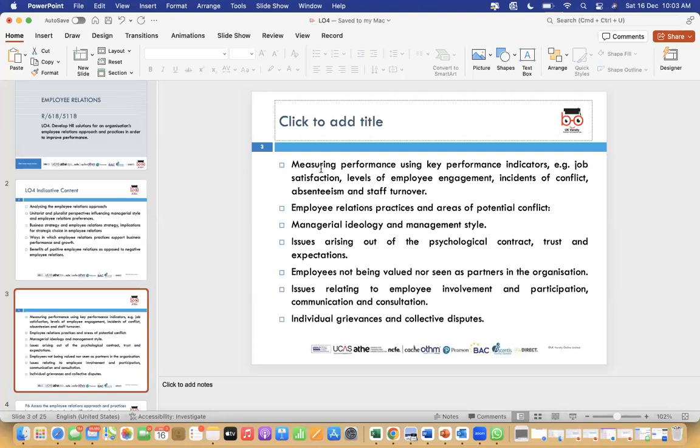This again says how you measure key performance indicators. You look at practices and areas of potential conflict. Every manager has a different ideology and management style. We spoke about that. Issues that arise out of the psychological contract, basically trust and expectation. So I think once you start working with someone for, say, 3-4 years, your manager has a different sense of trust with you.